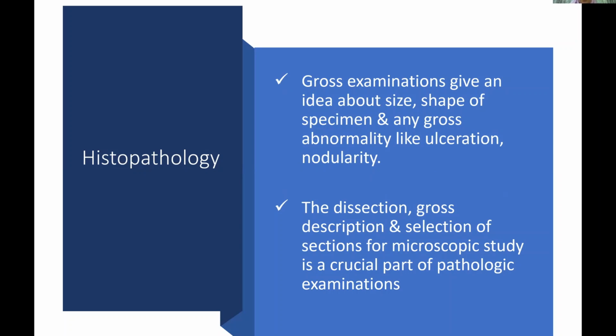From there we need at least an idea: is it neoplastic or non-neoplastic? When it is neoplastic, we need to further divide it: is it a benign tumor or malignant tumor grossly? Then we select the areas of interest, the lesional areas, for microscopic analysis.